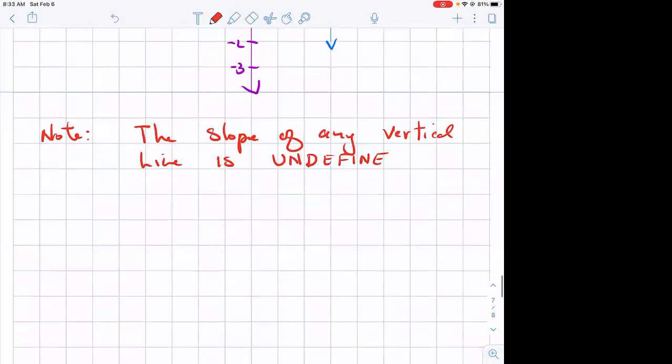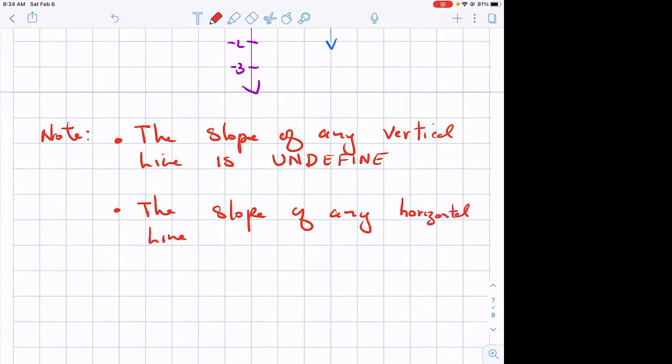And we also established earlier, which we will show, the slope of any horizontal line is 0. Because if the line is horizontal, there is no steepness to that line.